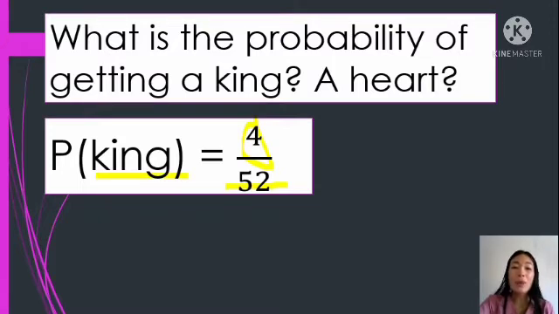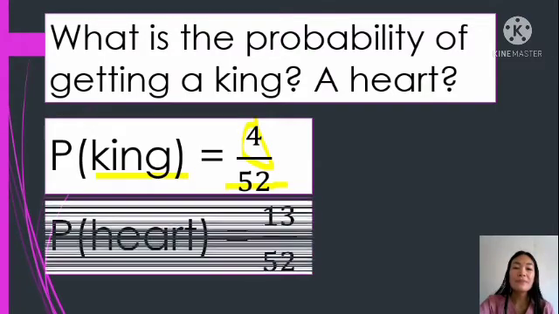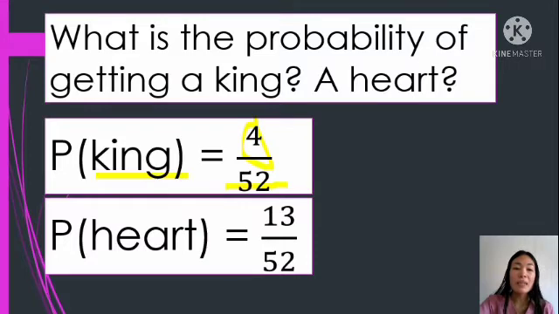Now, what is the probability of getting a heart card? Okay, so probability of heart, this is the event, equals 13 over 52. Why 13? That's right. There are 13 heart cards in a standard deck of cards.